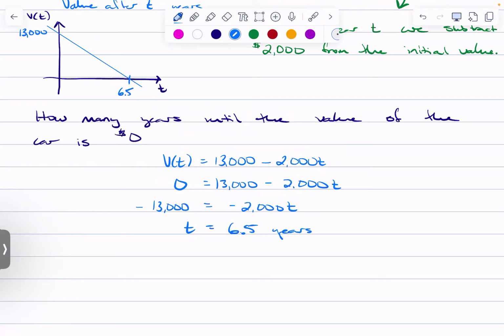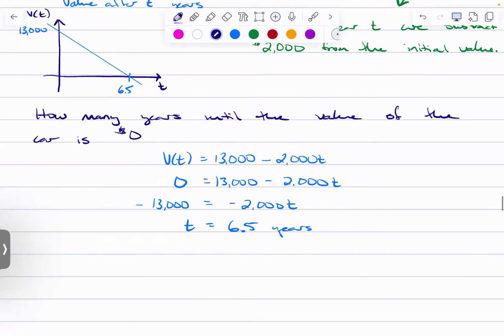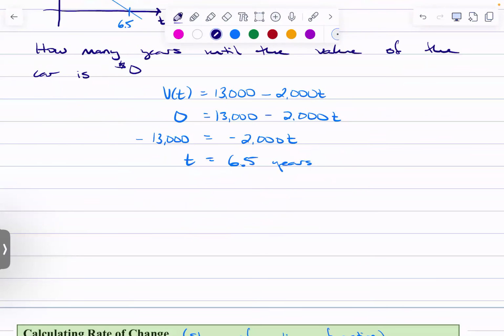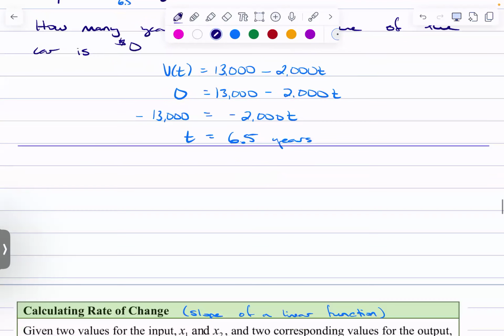Now, I need you to know the general interpretation of the intercept and the slope. And so here, I'll just indicate that this is the end of this example, because I just want to squeeze something in.